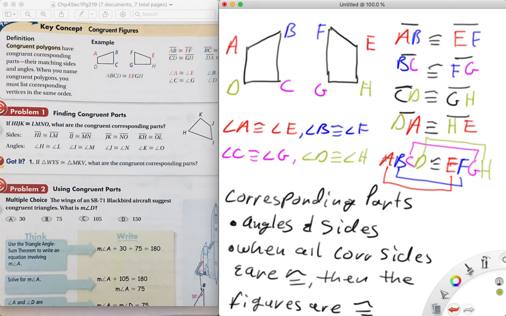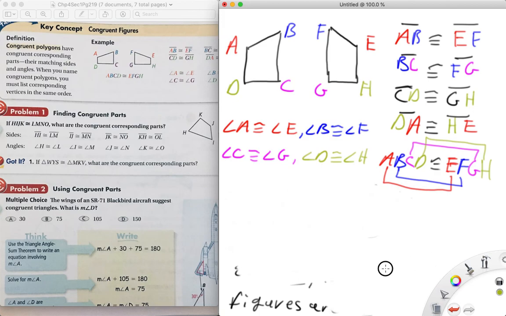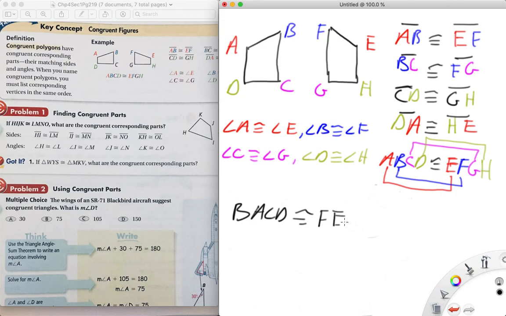This isn't the only way to write this. I could write this in a number of ways as long as they line up. For example, I could have it as B, A, C, D. I just switched B and A, but then I'll have to write on the other side F, E, G, H, because B corresponds with F. If B is first, then F is first.